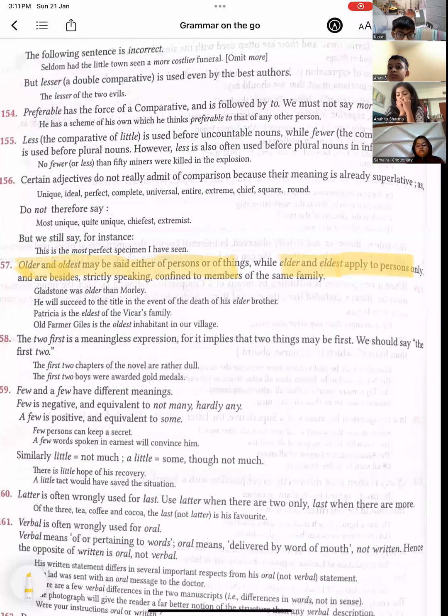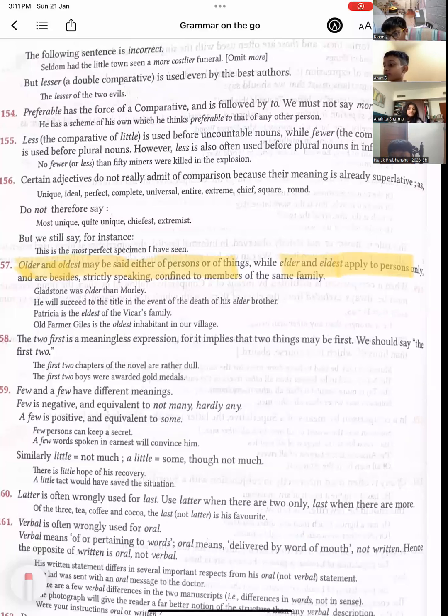So let me read it out again. I hope you guys are not dreaming. Are you guys dreaming? Okay. Older and oldest may be said either for person or for thing. It's an older car, something like that. But when you're using older, you're comparing it. It's older than yours. Can I say my car is elder to you?